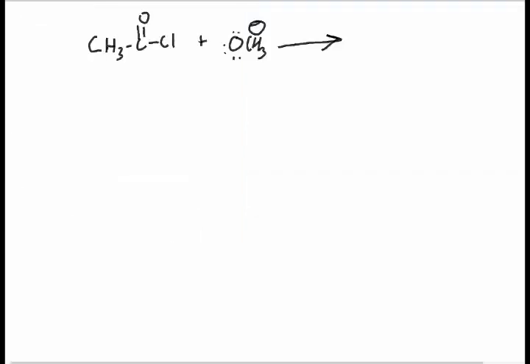Okay, so here's an example. Our task is to predict the product of this reaction. Now, we're either going to see a carboxylic acid derivative or a carboxylic acid. Here we have a carboxylic acid derivative. It's called an acyl chloride. And it's reacting with methoxide ion.